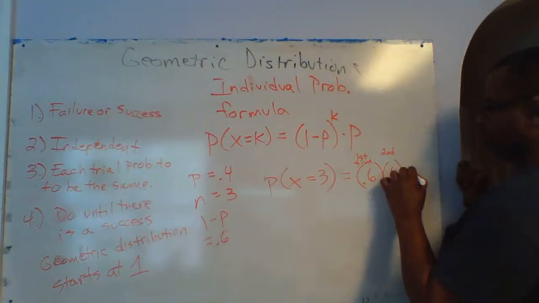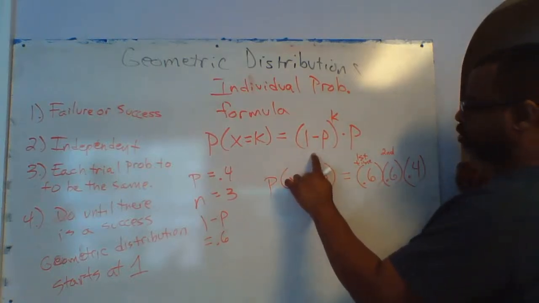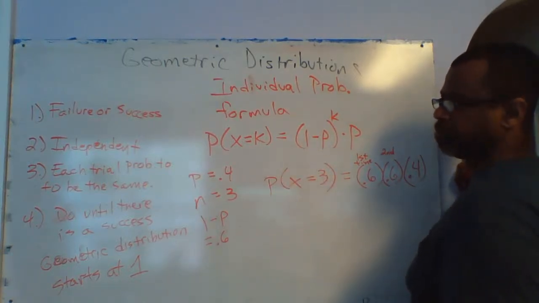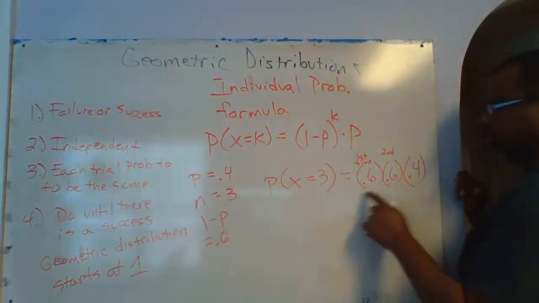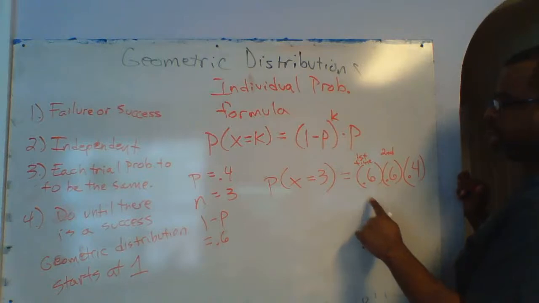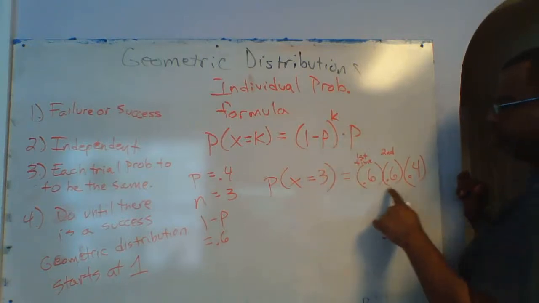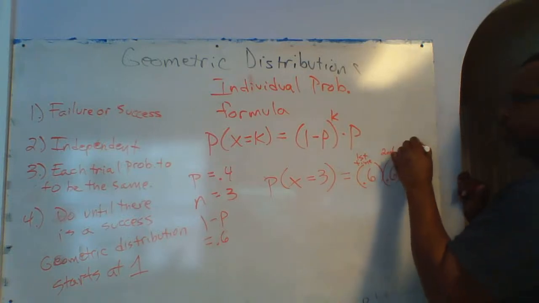Then the third time that success comes. And it's independent. So if it's independent, we know we're going to multiply. So that's what you're looking for. You got those 2 failures before that third success.